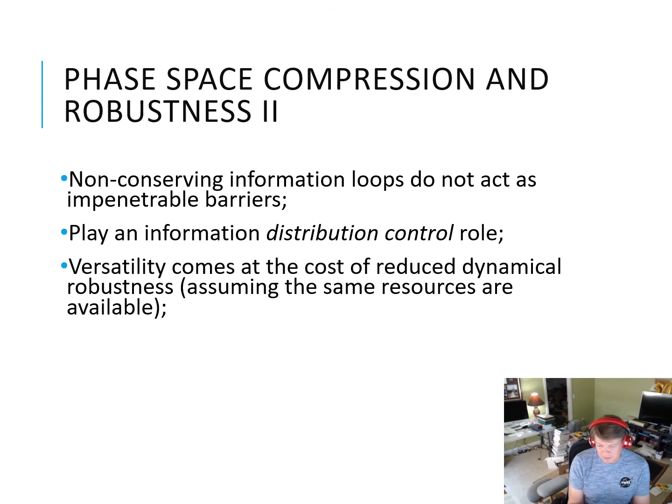It's much easier for us to do that. It doesn't take so much work to move it from one state to the next state because it's got a smaller phase space. There's less resources. It's easier for us to make changes to that system in a way that qualitatively changes its behavior.